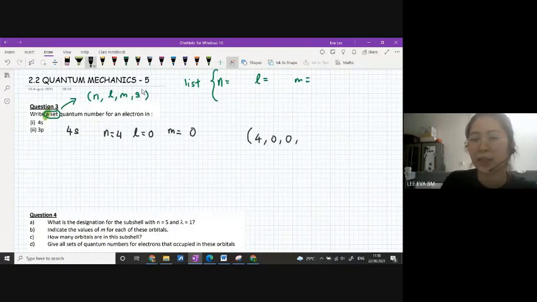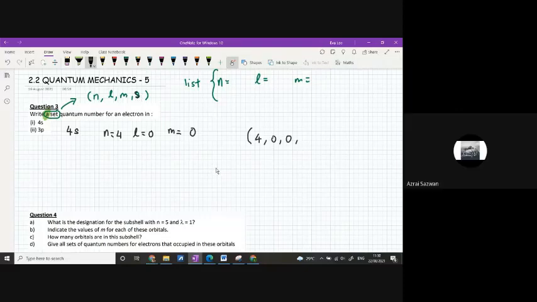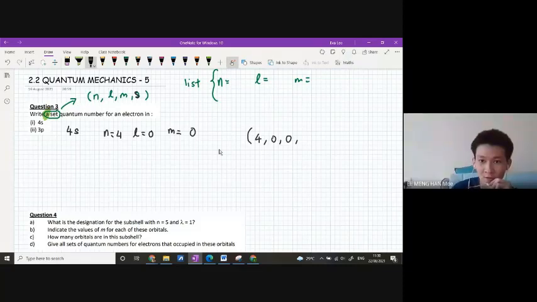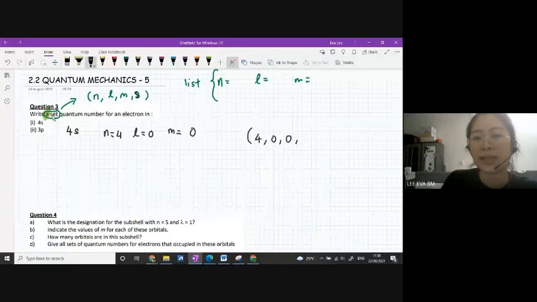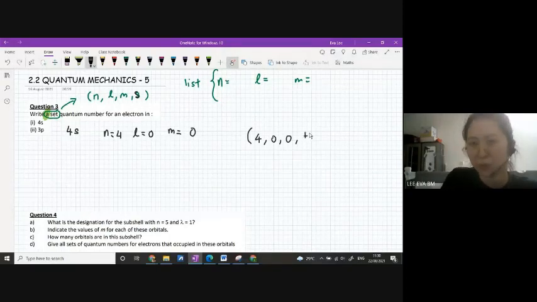So ingat tak lagi value apa yang madam highlight untuk spin? Ada 2 value sahaja. Positive half, negative half. But now I only require one set. So either one can do. So either you give me 4, 0, 0, positive half or you give me 4, 0, 0, negative half because I only need one set.